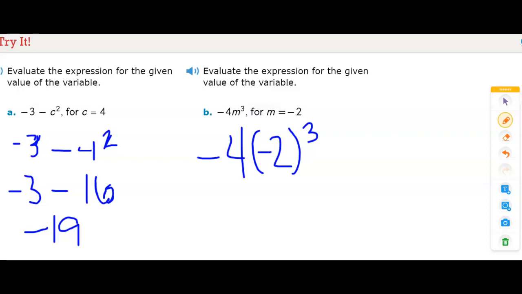Negative 2 times negative 2 is going to be positive 4. And then positive 4 times negative 2 is going to be negative 8. So we have negative 4 times negative 8, and then negative 4 times negative 8 is going to be positive 32.